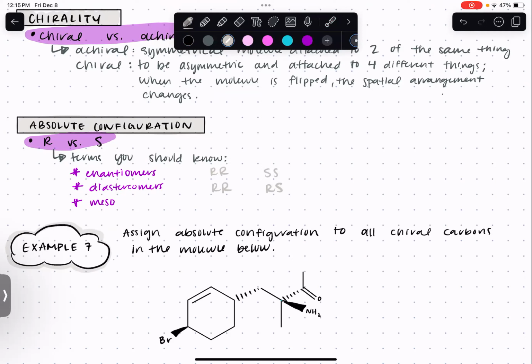And then meso is where we have a line of symmetry. So basically what you need to know about meso is typically our number of diastereomers is going to be 2 to the n power, with n being our number of chiral centers. And when something's meso, it's 2^(n-1). So we just get one less option for the diastereomers. Does that make sense to everybody?